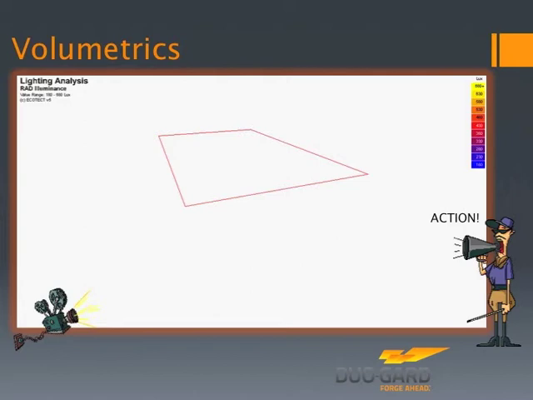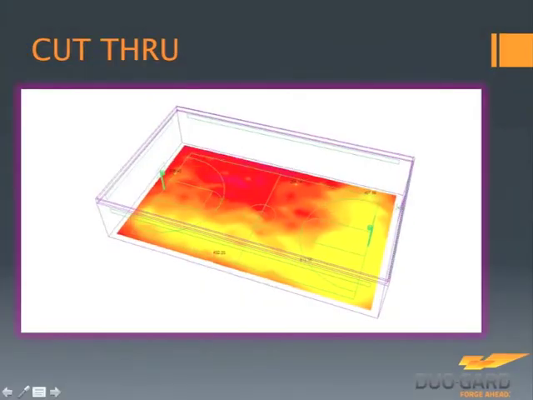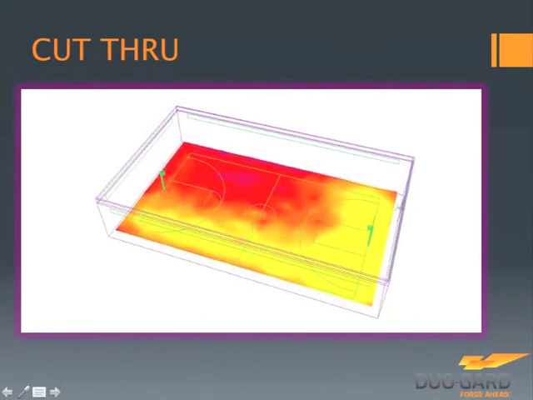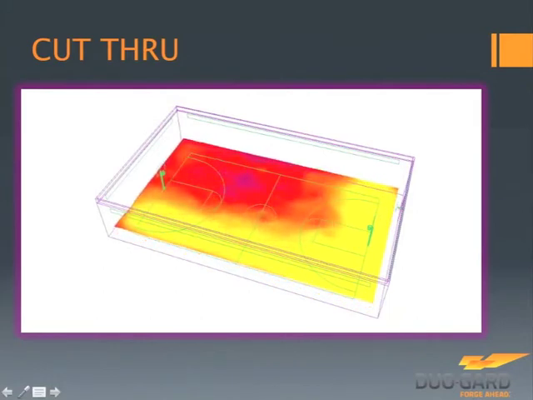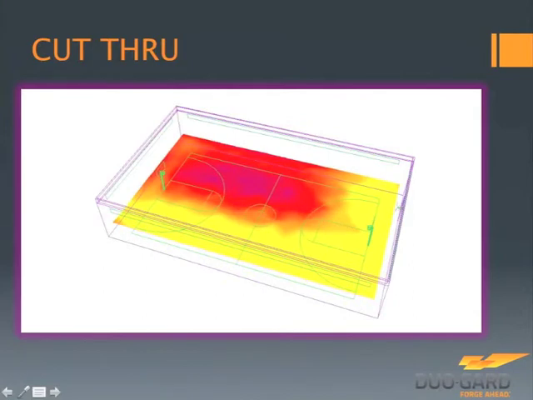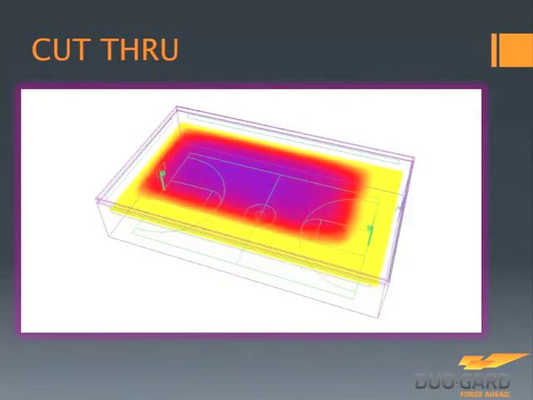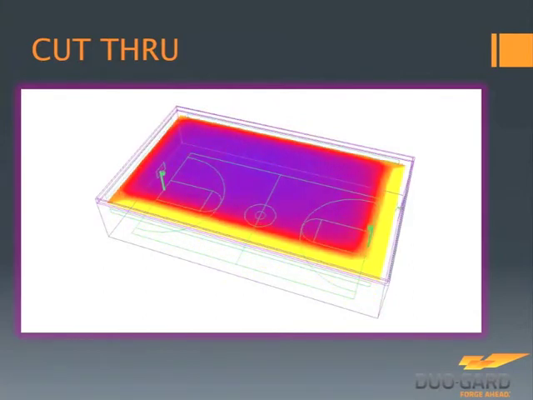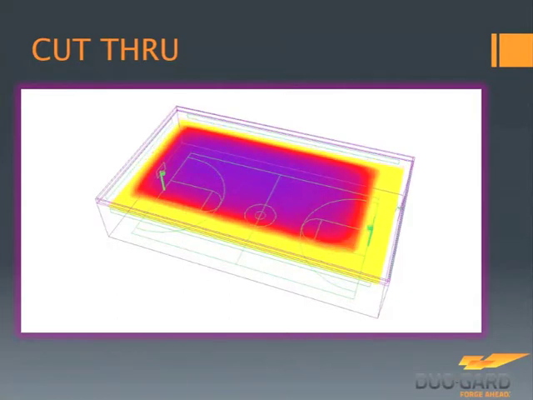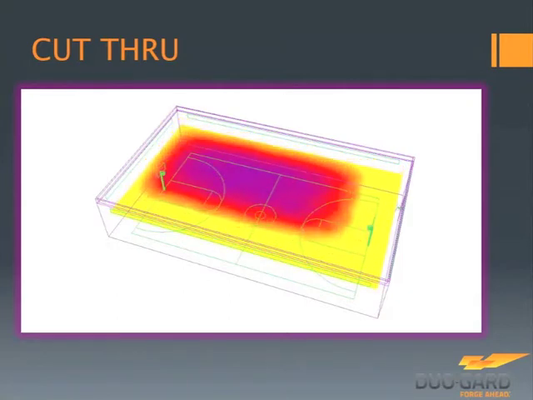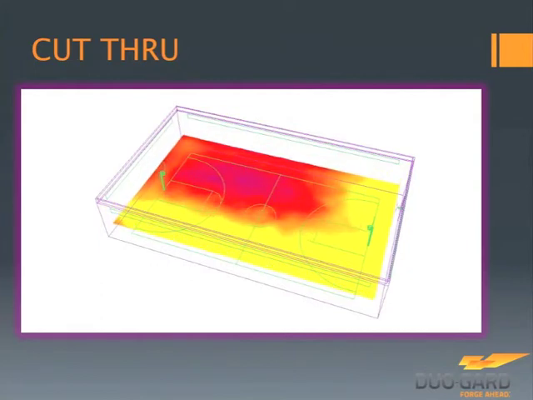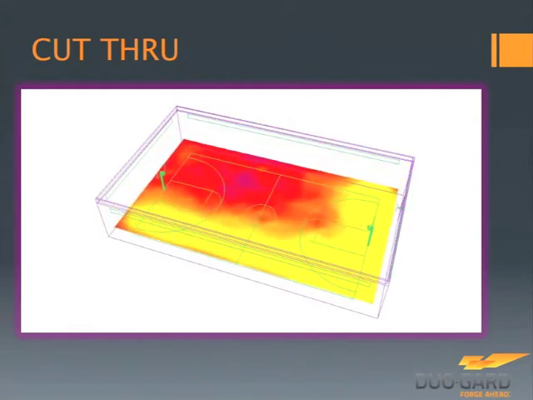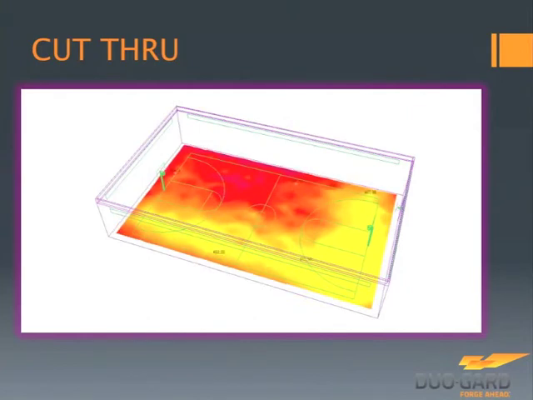If we look at the same simple gymnasium, now if we cut through the space horizontally in three different planes, every 6 inches or so, we can see the light gets more intense as we go up to the source, and then it spreads out more as we get further away. The intensity changes, but the light spreads over the space, and that's important to where you're going to be playing your sports activities in your line of sight.